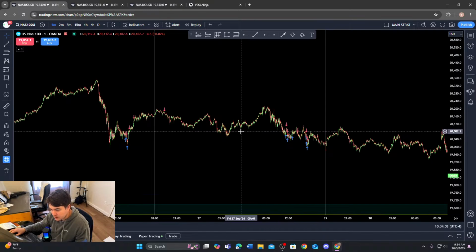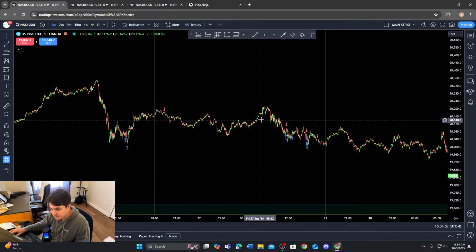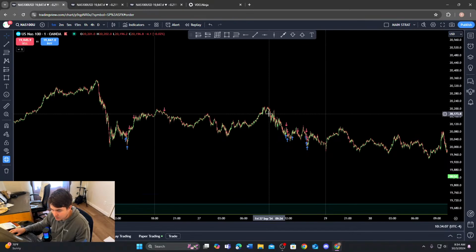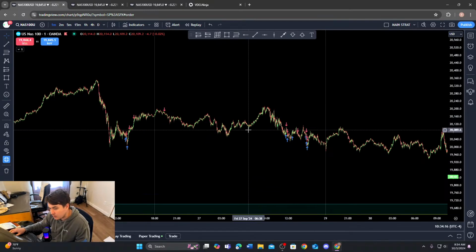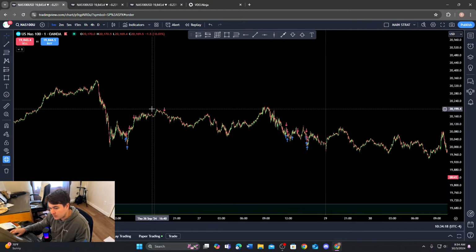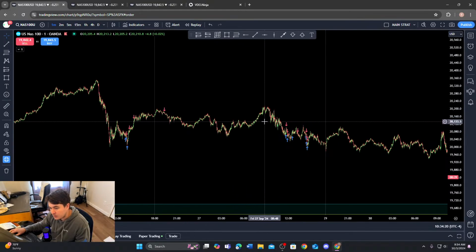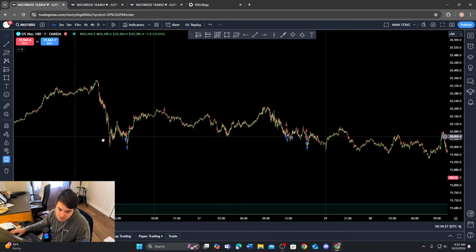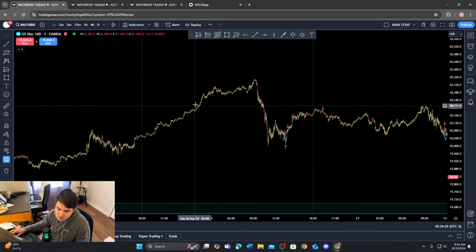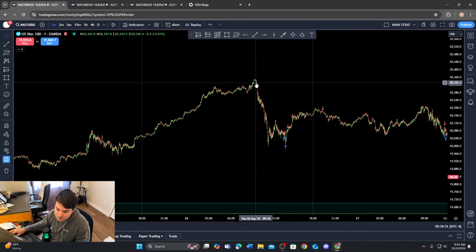Because if it takes out London's liquidity 7 to 8 o'clock before 9 o'clock, then we could see the 9 o'clock open drive the price down. But if liquidity is not taken at 9 o'clock, then we could definitely see it drive out to take out London's liquidity. So likewise, this one was trading up all day.